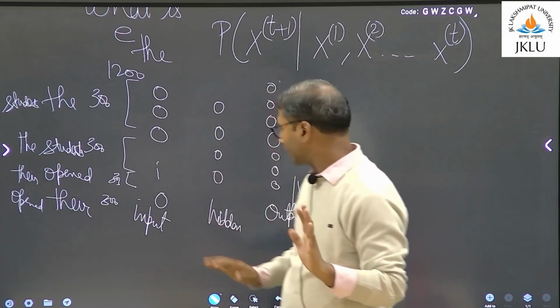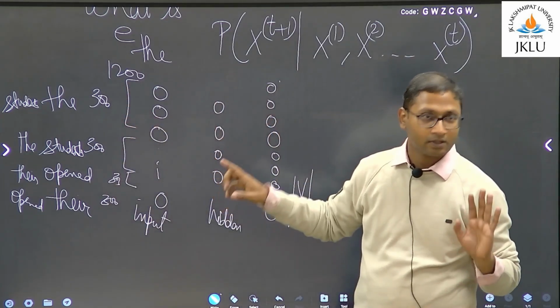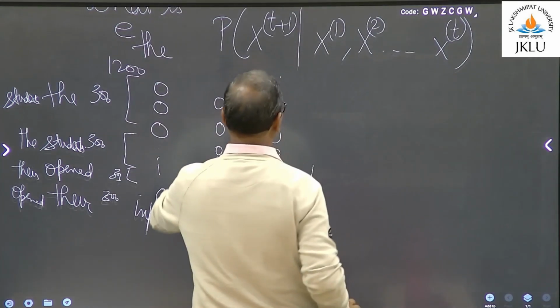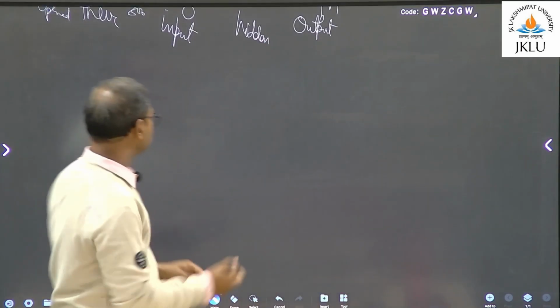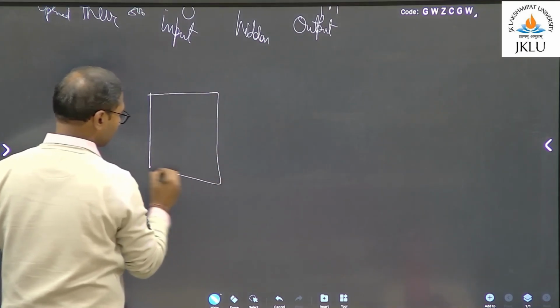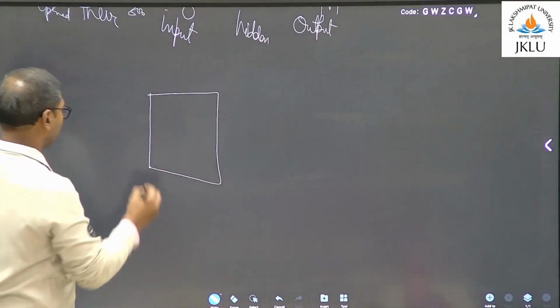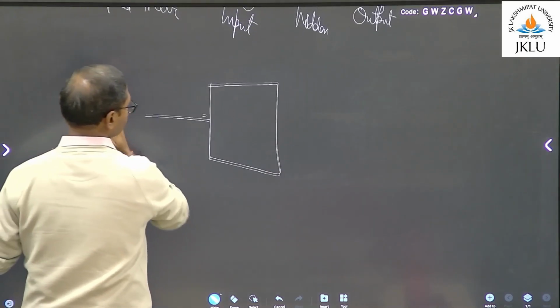So now having motivated enough, we know this architecture does not work. So what you do in this case is, I'll just draw the basic. So this is my neural network. So in fact I don't think so.